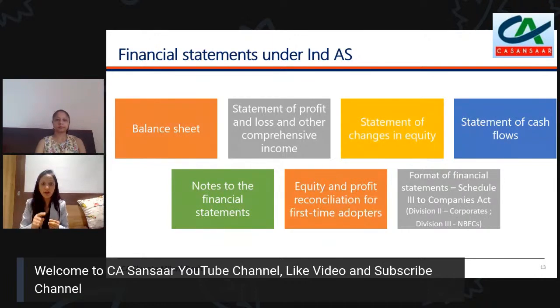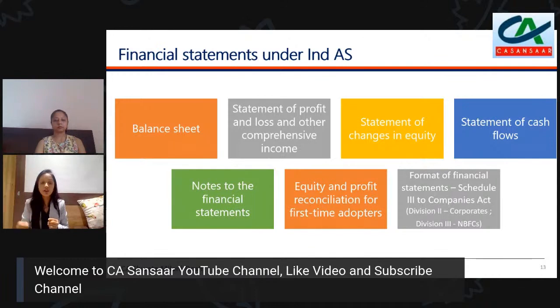So for one particular year, you have two profit and loss statements. Then your balance sheet is on 1st April 15 and your balance sheet is on 31st March 2016. You have two balance sheets, which is under Indian GAAP also and which is under Ind AS also. So only for these two balance sheets and only for one profit and loss, you have to disclose a reconciliation.